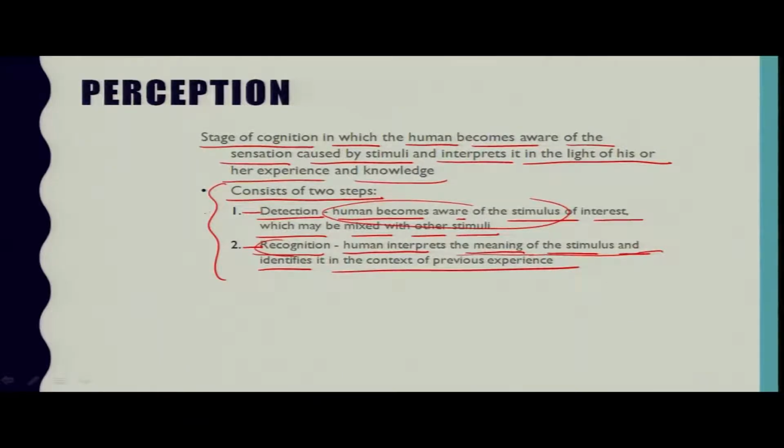So detection means becoming aware of the stimuli of interest, which may be mixed with other stimuli, and it is a process of discovery, but no interpretation of the stimuli has yet occurred.